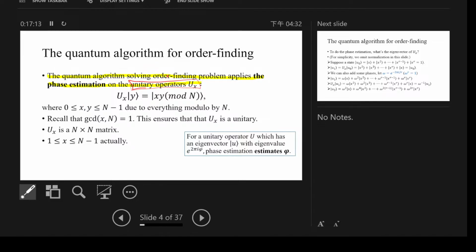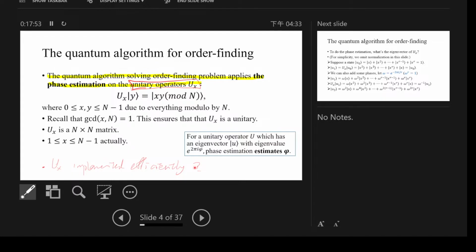There are a bit more details on whether U_x can be implemented efficiently, which is a side remark we can fill in next time. There are tricks to get around this. We apply U_x efficiently.